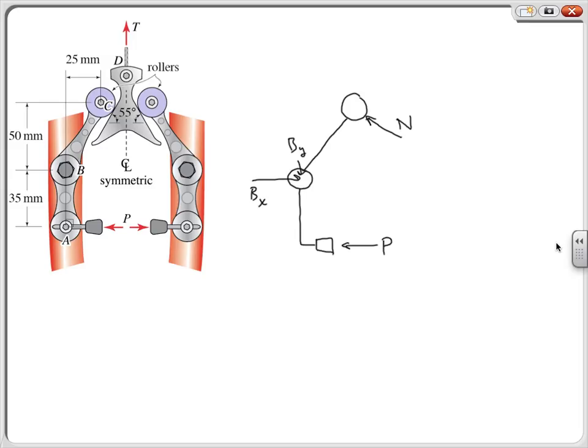Now to fill in the rest of this, I'm going to sketch the wheel rim over here. And it's important to realize that if we're looking at this forward, what I've sketched here would essentially be the wheel rim in here.